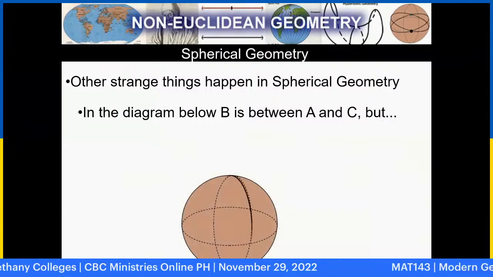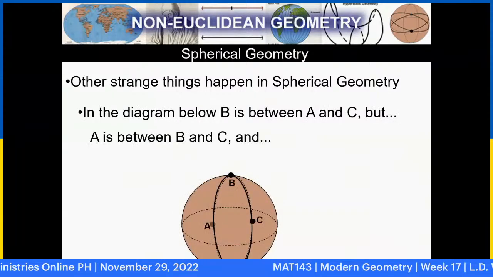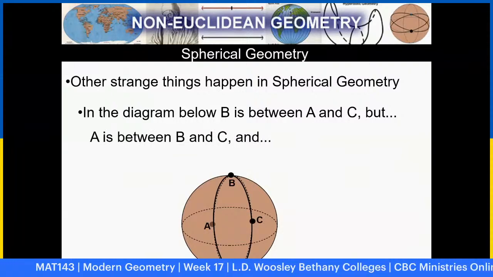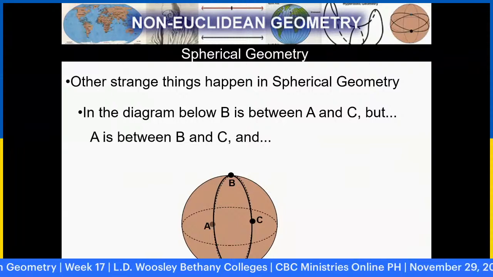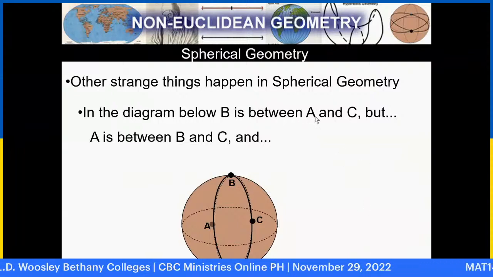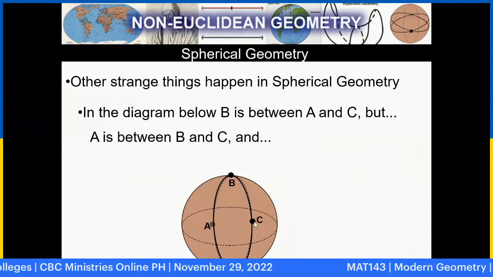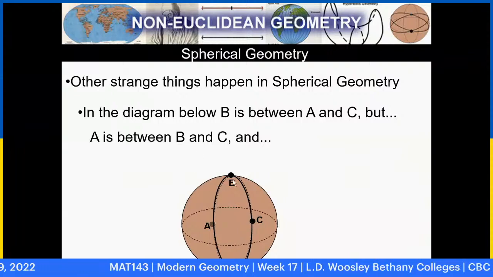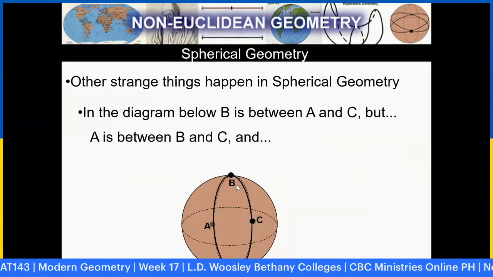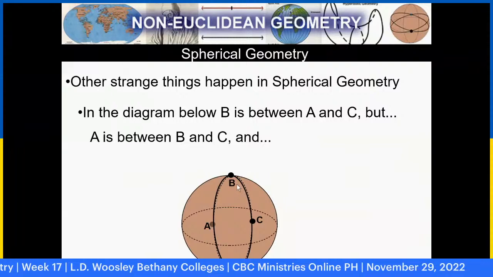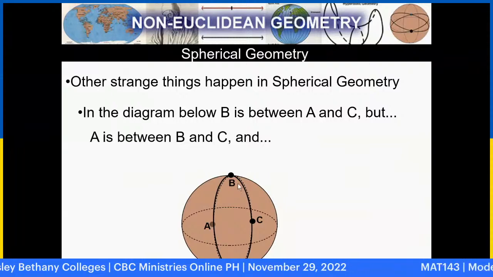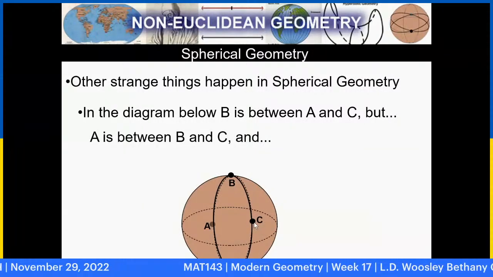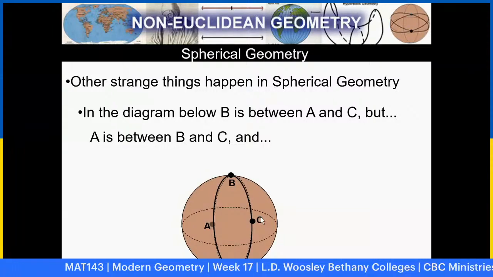In the diagram, B is between A and C, but A is between B and C as well. So even in terms of betweenness, B is between A and C, but A is also between B and C. The issue of betweenness may not hold on a spherical surface, only on a flat surface.